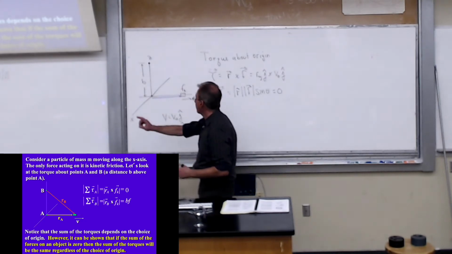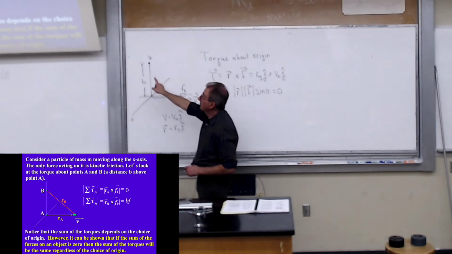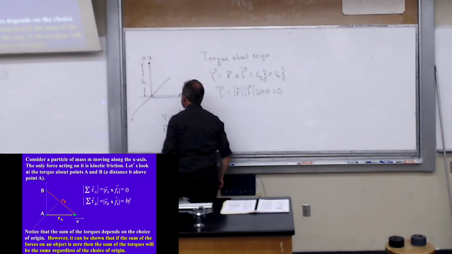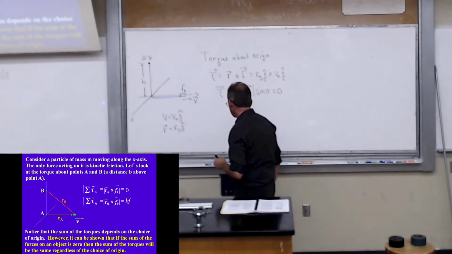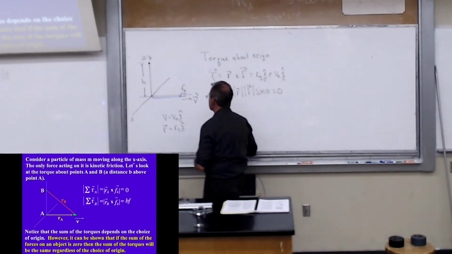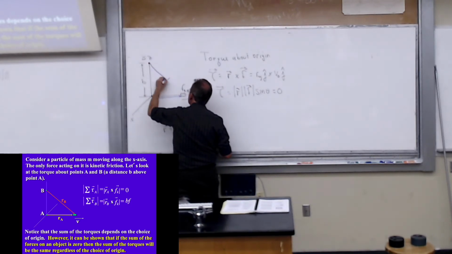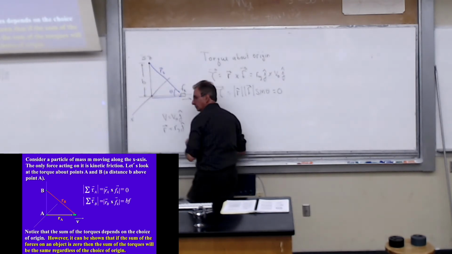Now let me do the same thing, but pick that as my point. This point up here, we'll call point B. What does my r vector look like? My r vector goes from my origin to the point of application of the force. This is the angle between the two.